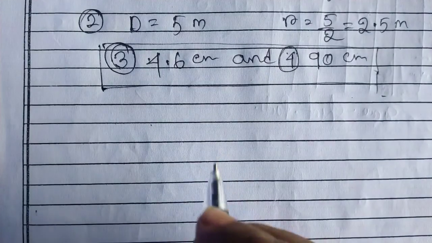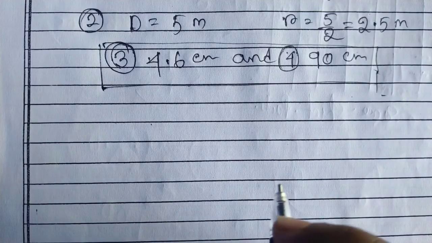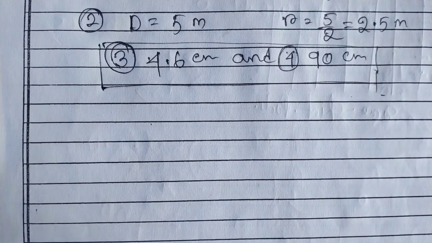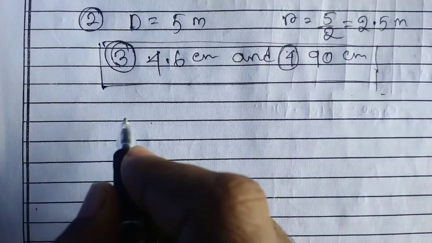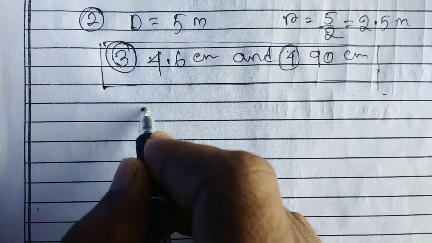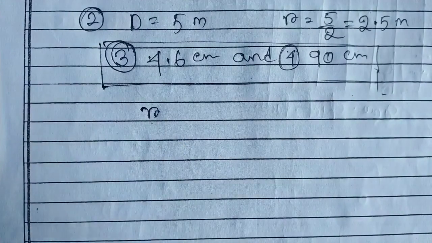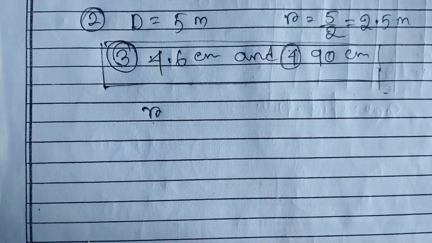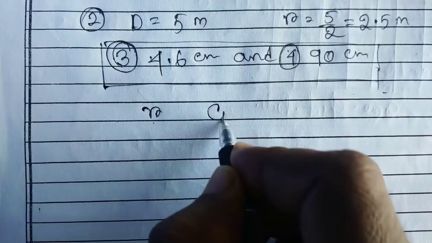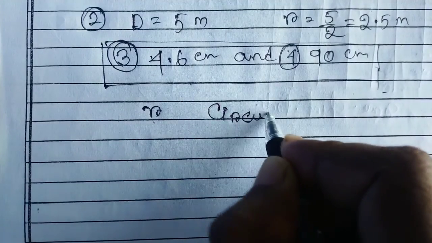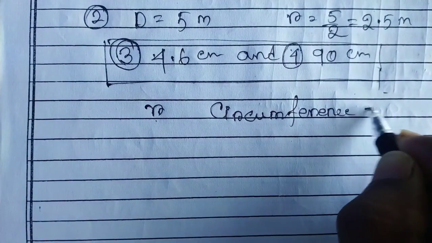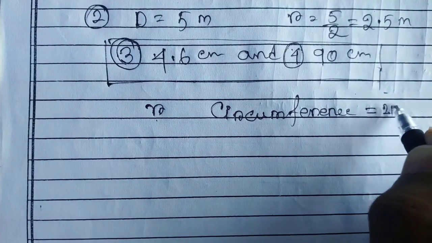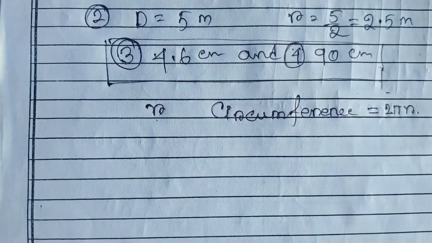Now try to find the circumference of a circle. If the radius of any circle is r centimeter or meter or r units, then the circumference is equal to 2 pi r.